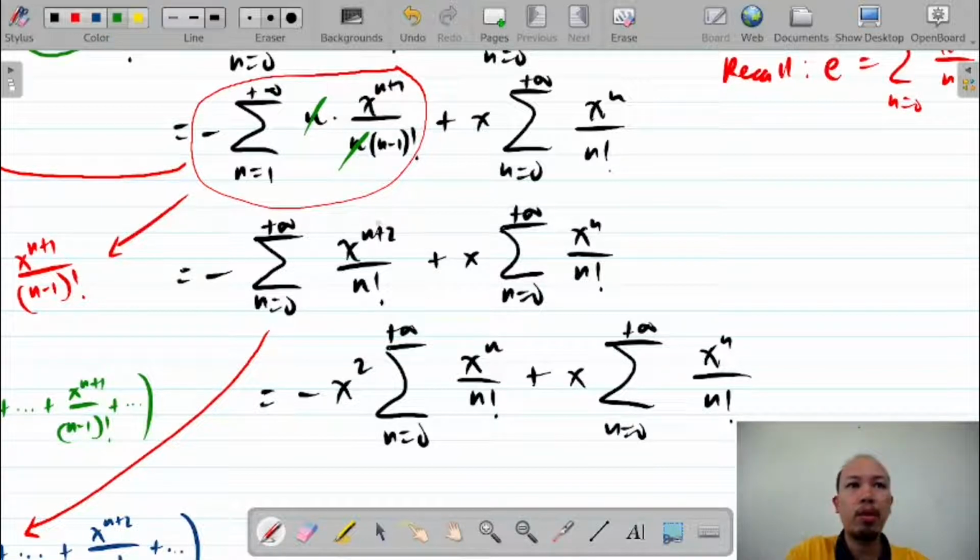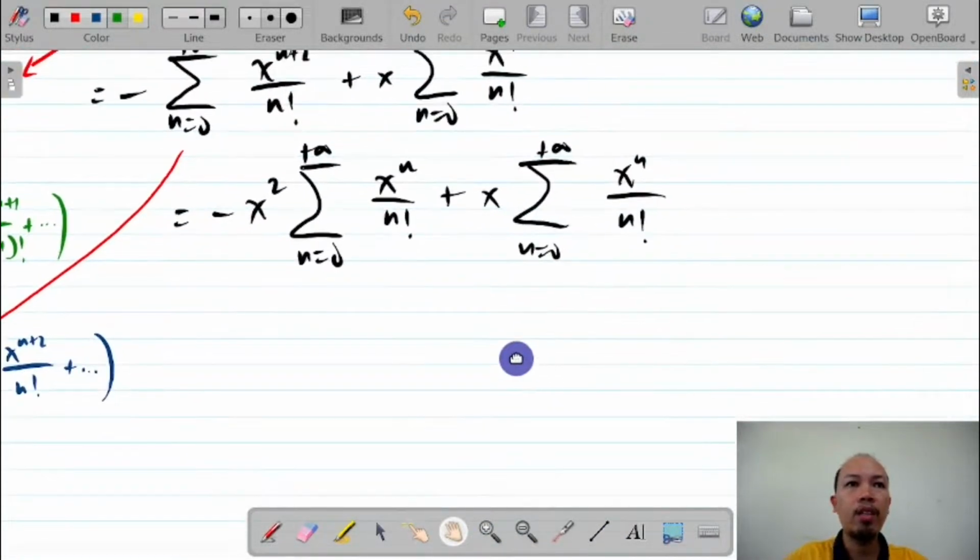Just like before, you can write this one as x to the n times x squared. If you expand the summation, every term has the factor x squared, so that's why you can factor out x squared here. Okay, so that's the reason.